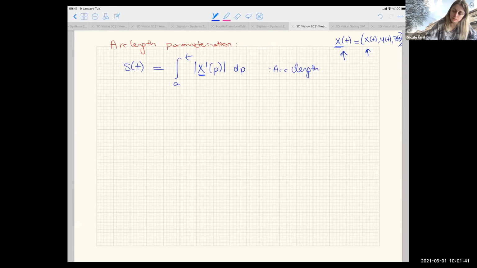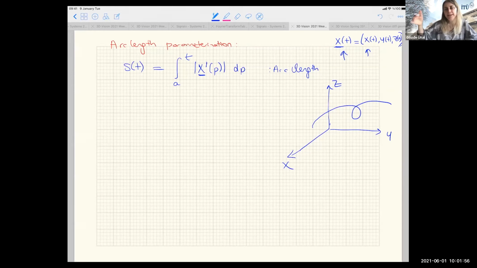So let's maybe draw a picture again of a curve embedded in 3D. It could be any curve. The reason I'm doing that fold is to show it's really twisting in 3D, and we'll talk about twisting soon.